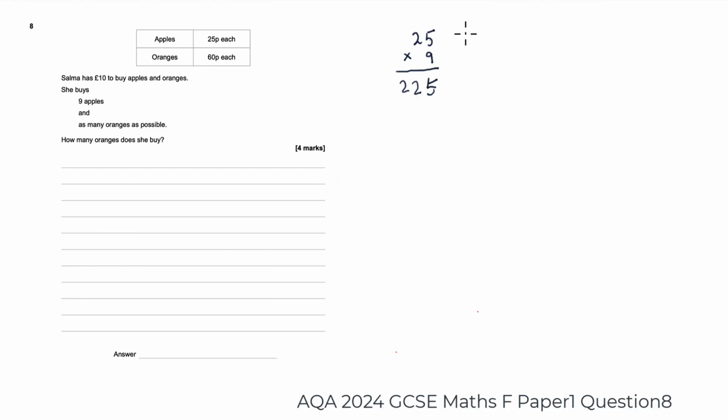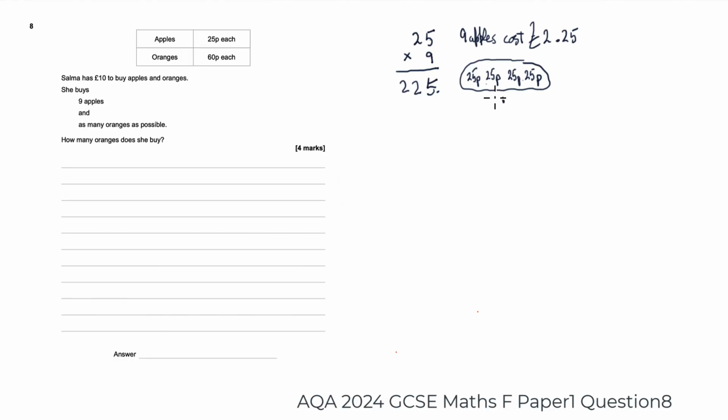So the 9 apples cost £2.25. That answers in pence there. So another way you can work it out is to say, well, we know a couple of 25s gives us 50, and another couple of 25s gives us another 50, and a couple of 50s would be £1.